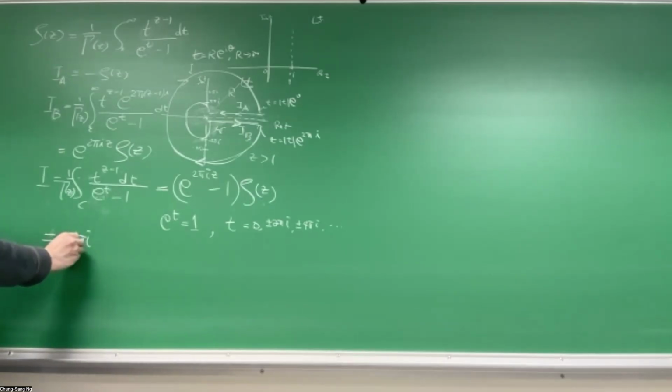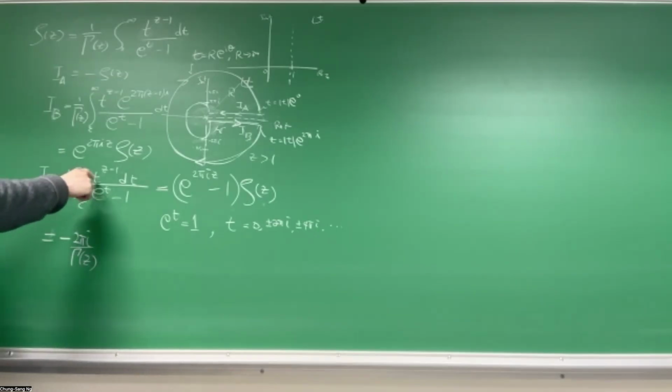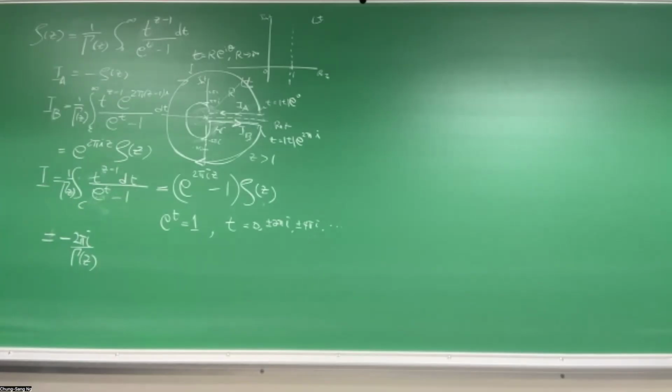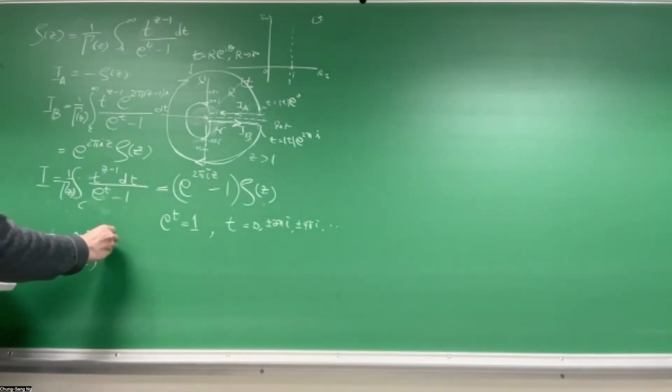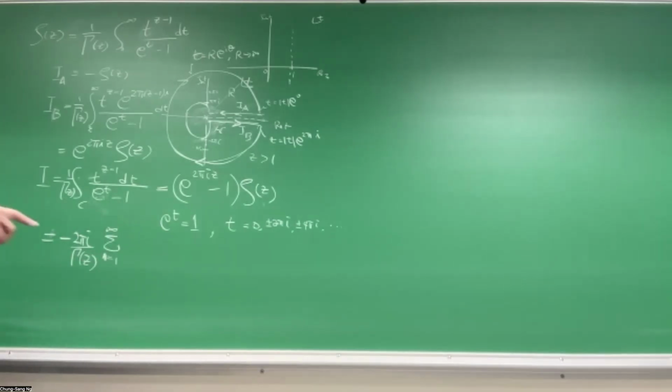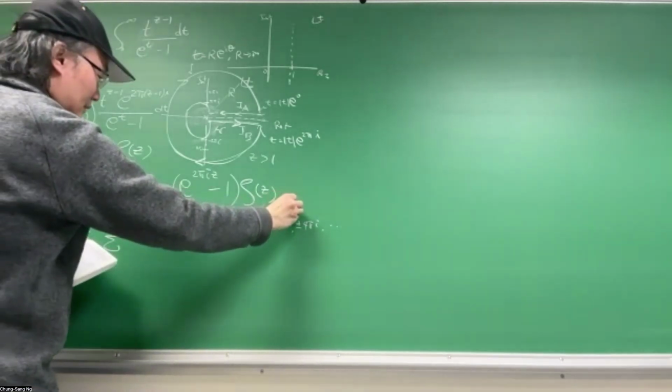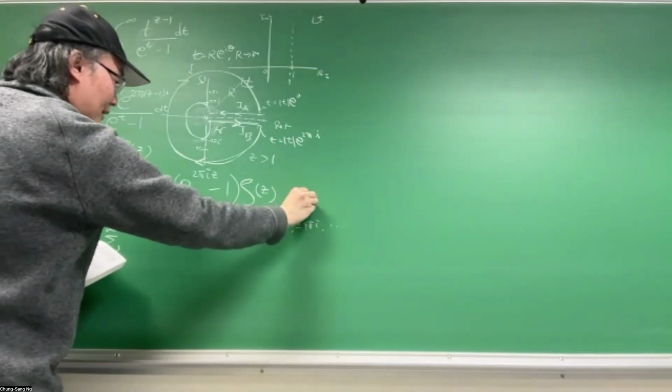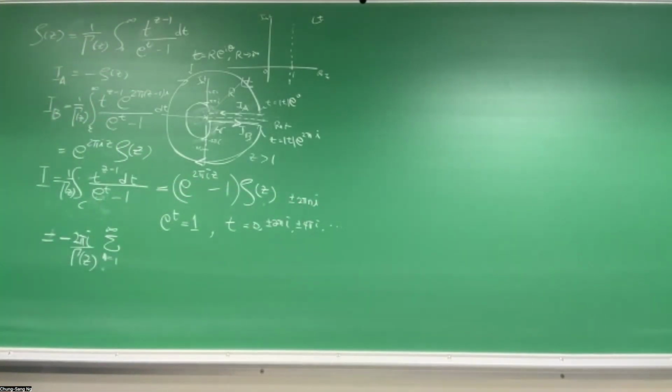So you have it divided by gamma z, and then the residue of this integral is a sum over n from 1 to infinity. For each n there are two poles, basically plus or minus 2 pi n i, right?